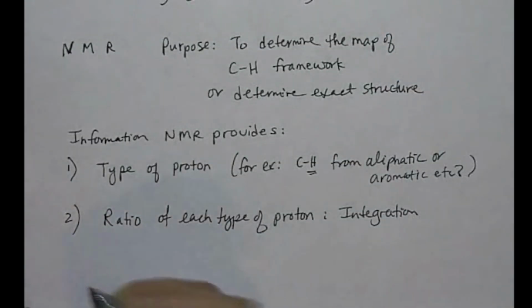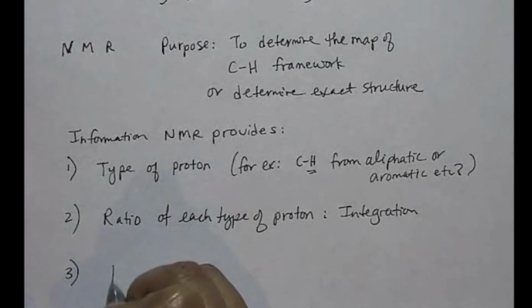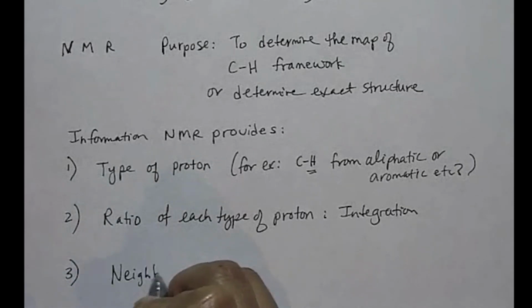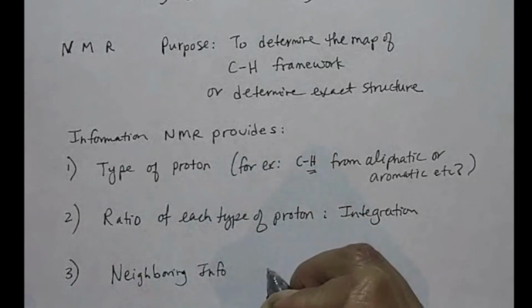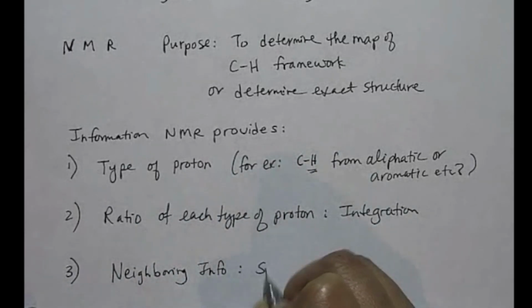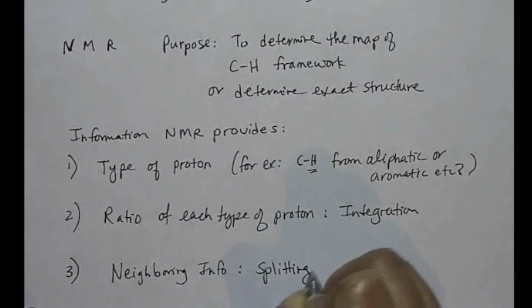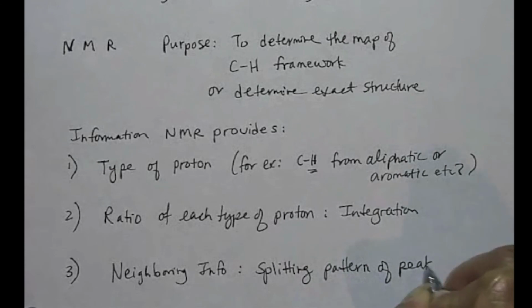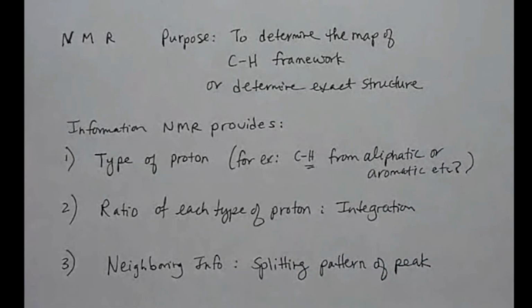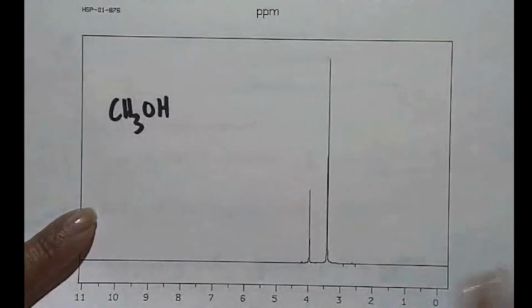And then the third piece of information that it gives is neighboring information, and that is determined by the splitting pattern. Notice in methanol, the peaks are both what we call singlets. They're not complicated, they're just one peak.